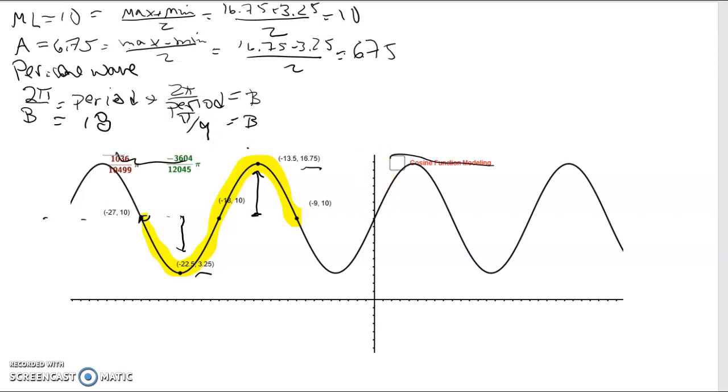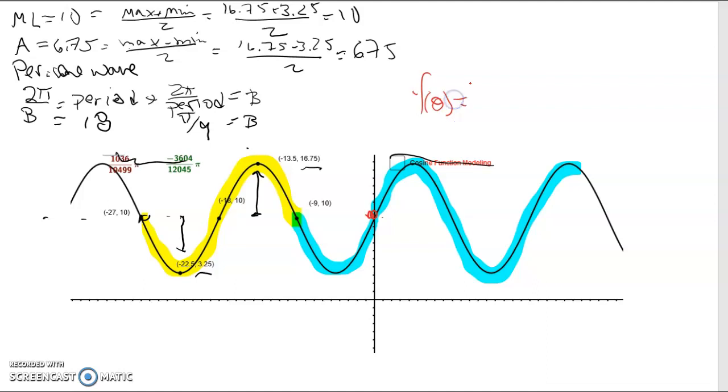All we have to decide is what kind of function this is that starts on the midline and increases in that way. Well, we know what that is: sine starts on the line. We're going to use a positive sine curve. We have all the information we need, so we're ready to build our function. Let's call this function f of theta.